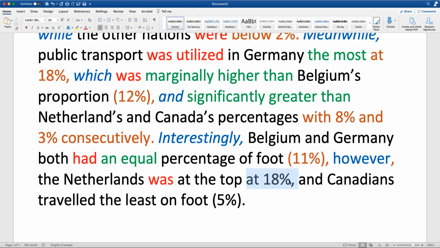The Netherlands was at the top, and Canadians traveled the least on foot, 5%.